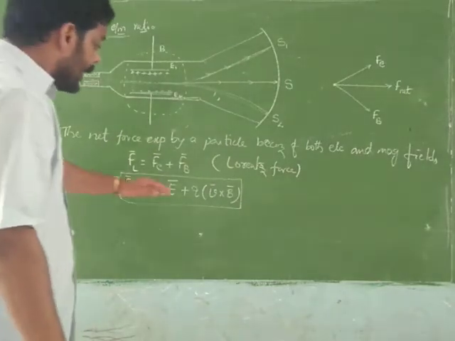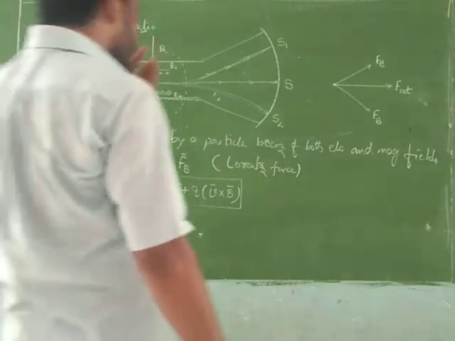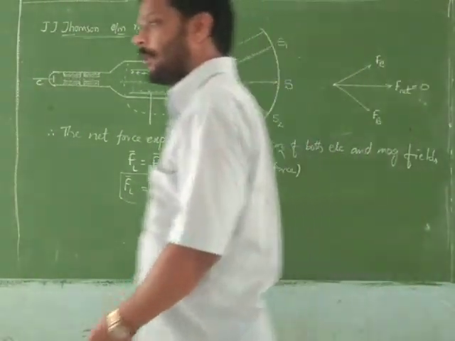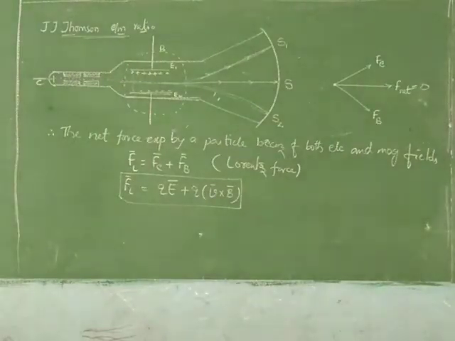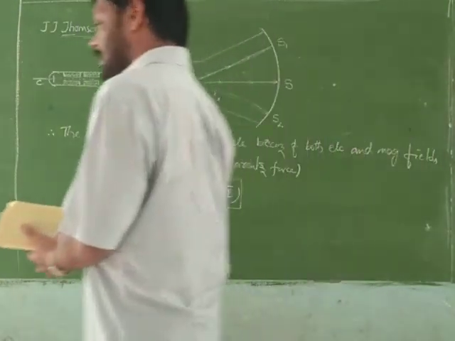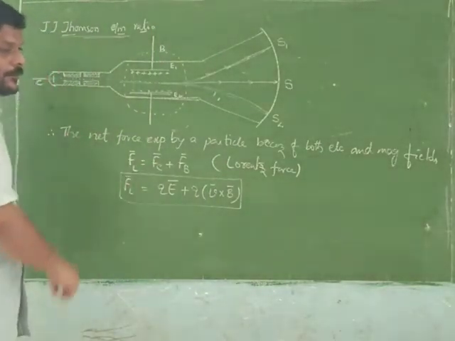So when the particle goes undeflected, without deflection, they are assuming that the net force experienced by the particle is zero. When that is, F net, that is FL here. Now take only the magnitude of the force.